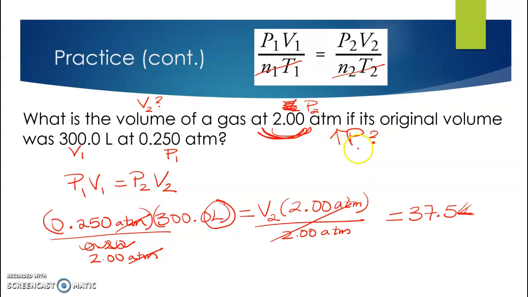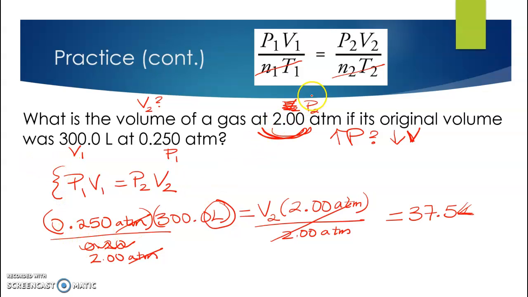We learned that when you increase pressure, we would expect a decrease in volume because they're inversely related. So going from 300 down to 37 based on that dramatic increase of pressure does in fact make sense and reflects Boyle's law, which is actually this equation right there.